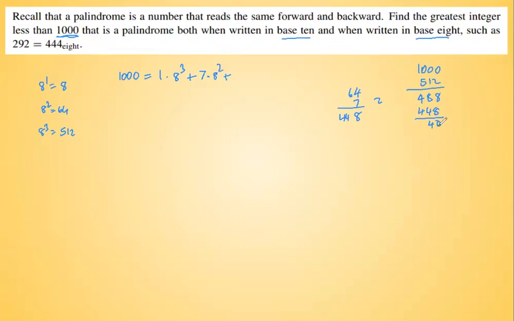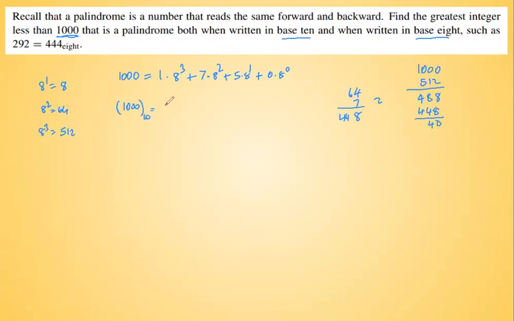And now my remainder is 40, which is a multiple of 8. So I can write 5 times 8 to the first and 0 times 8 to the 0th power. Which means 1,000, maybe it's better to write this in base 10, but let me write it this way.